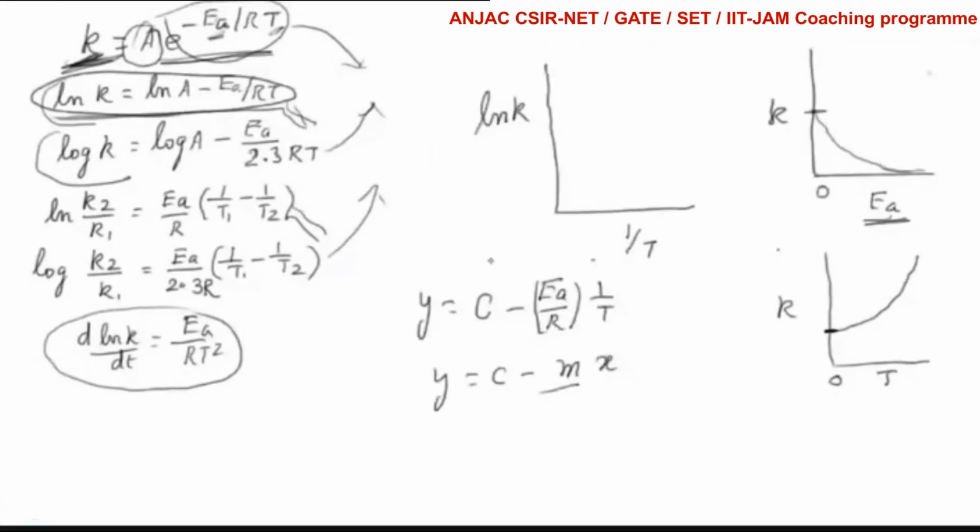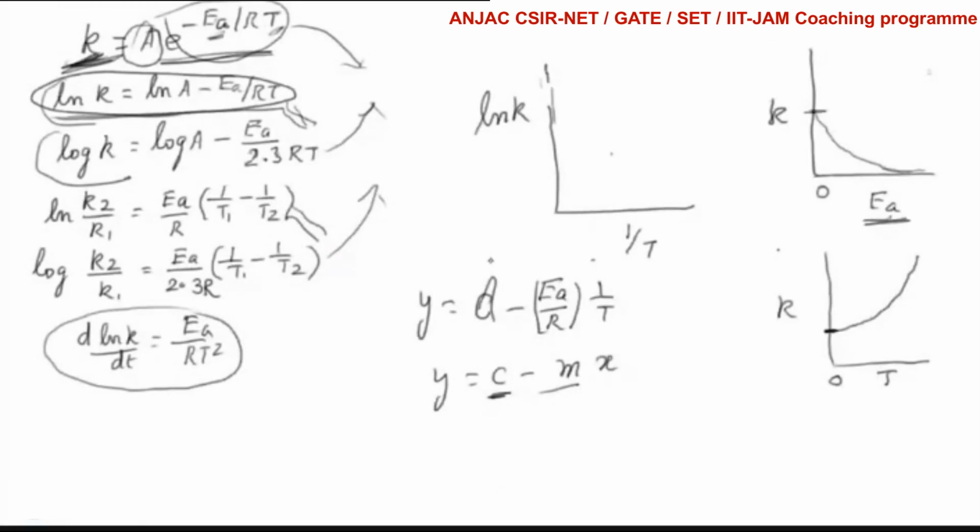Now we are going to see the graphical representation of log K versus 1 by T. If you take log K equal to Y, ln A is a constant, minus EA is a constant by R is a constant, into 1 by T. Therefore, Y is equal to C minus M X, with 1 by T taken as X. Now it is in the form of a straight line, with a negative slope and a y-intercept of ln A. Therefore, this is the y-intercept.